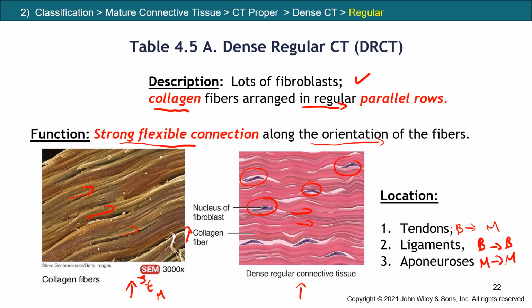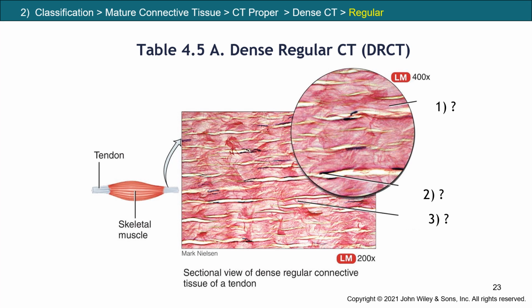Now I'm going to show you a picture of a tendon with a schematic that shows you in more detail all the different structures. Here you might have a bone, here there is a tendon, and here is the muscle, and it's creating a connection. To make that, you need a strong, dense, regular connective tissue. In most of that region you see pink areas, and the staining shows you tiny purple regions and some white regions.